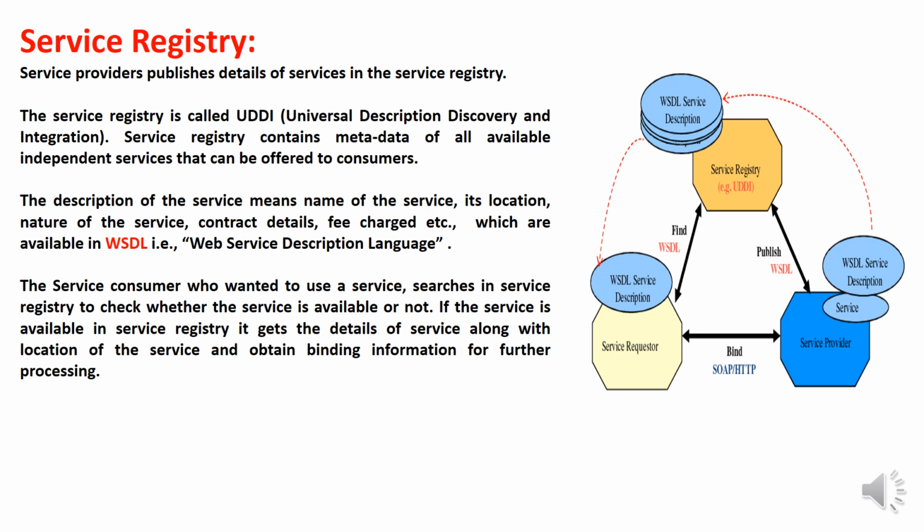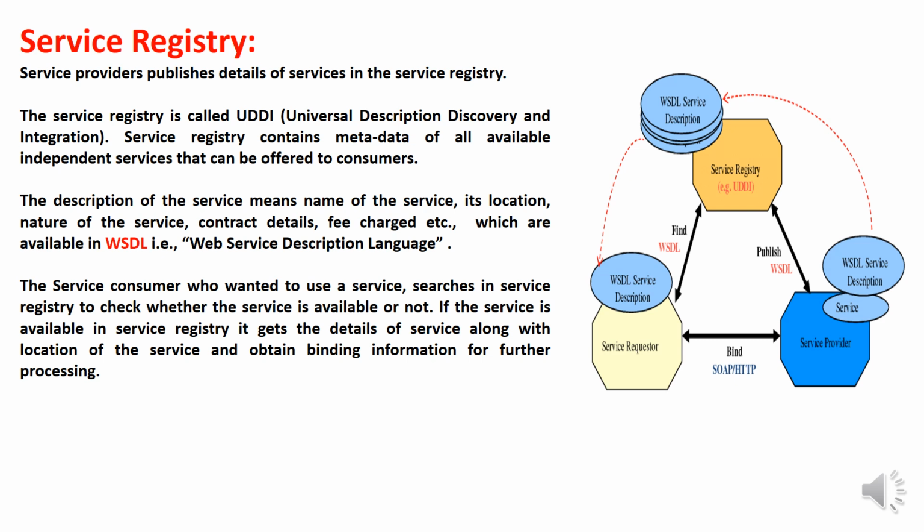Service registry. Service providers publish details of services in service registry. The service registry is called UDDI, that is Universal Description, Discovery and Integration. Service registry contains metadata of all available independent services that can be offered to consumers. The description of the service means name of the service, its location, nature of the service, contract details and fees charged, etc., which are available in WSDL, that is Web Service Description Language.